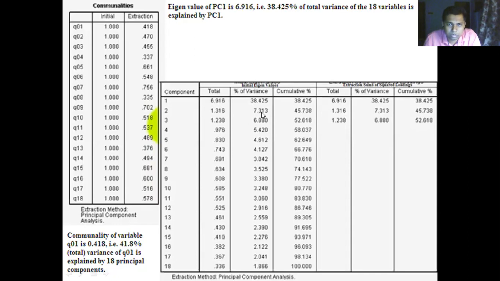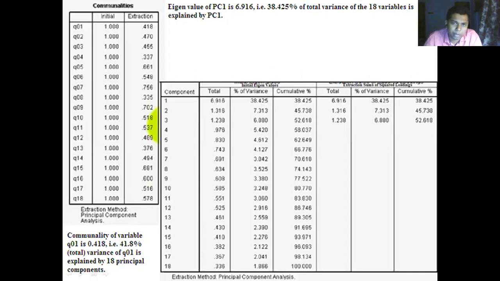That means 7.313% of the total variance of the 18 variables is explained by PC2. Altogether, PC1 and PC2 explain, here is the cumulative percentage, 45.738.